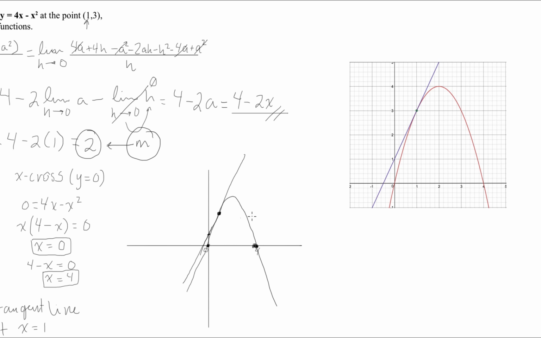So this is only a sketch, this is the real graph. So this is my point, this is the tangent line that I found, and this is the original function. So this is how you solve this problem.